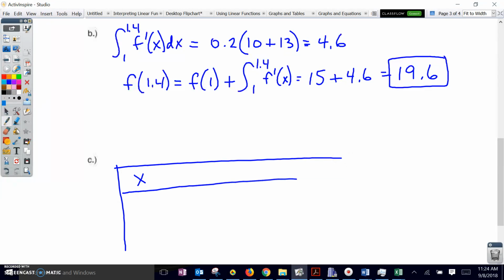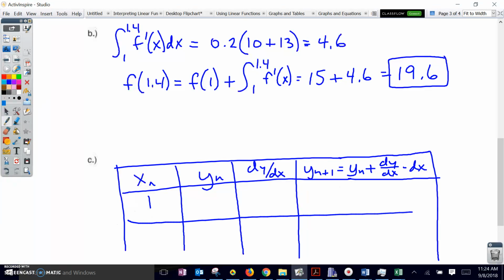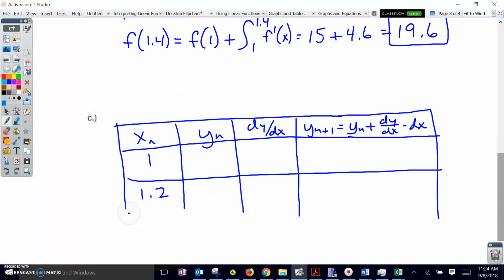We've got our x's, we've got our y's, we've got our dy dx, and then we've got our new y, which is equal to our old y plus dy dx times dx. And we're going to start at 1, and we're going to use step sizes of 0.2.